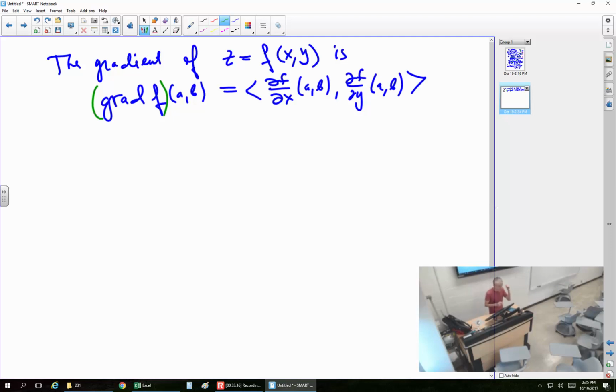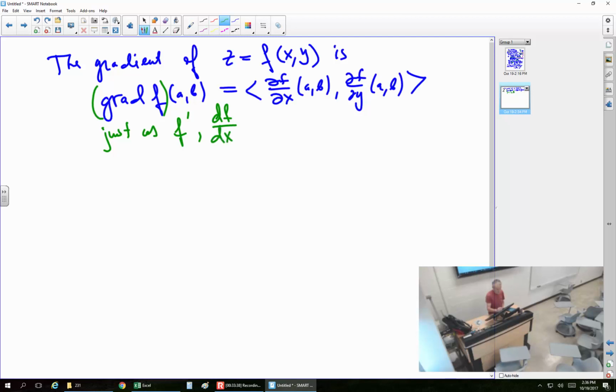In other words, without those green parentheses, it might appear that you take f of (a, b), which is a number, and then take some kind of gradient of that. No, the gradient is an operation on f, just as f prime is.